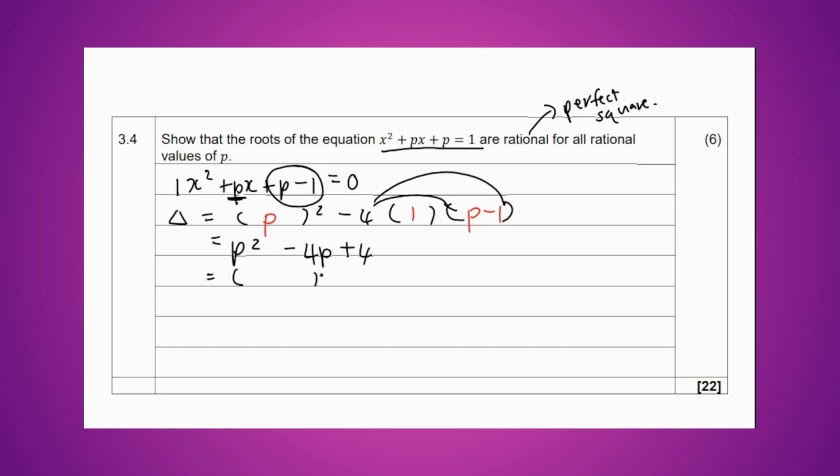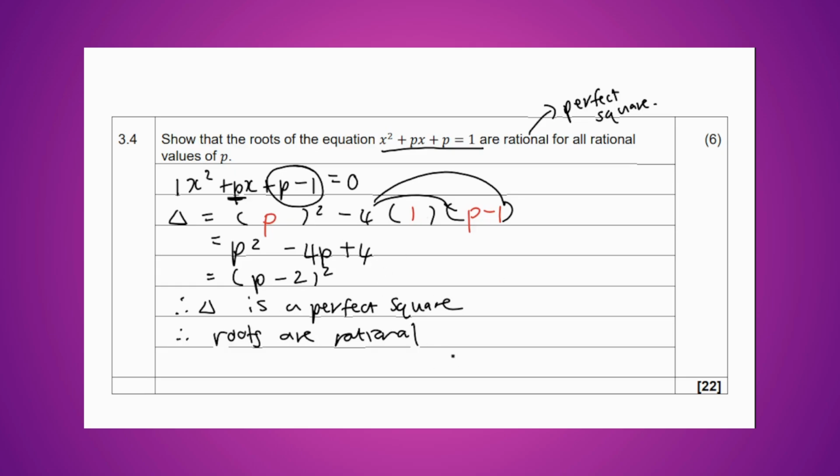This is actually p minus 2 squared. Okay, then once you have written it this way, you say therefore your delta, your discriminant, is a perfect square. And then because it is a perfect square, the roots are rational for all rational values of p, of course.